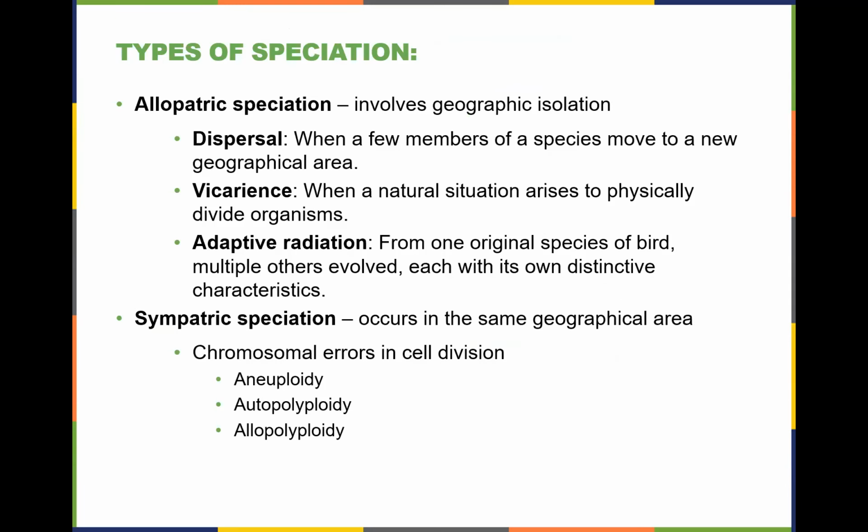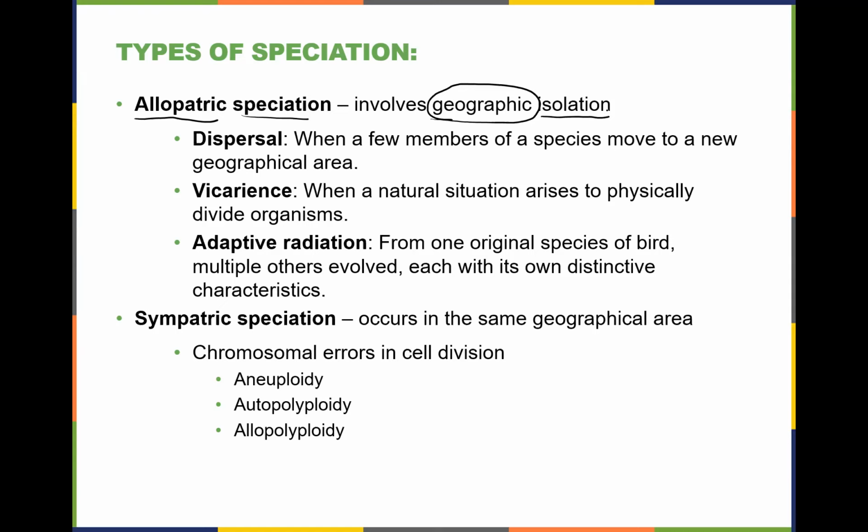There are two types of speciation. The first one is called allopatric speciation. Allopatric speciation means speciation caused by different geographic area, or geographic isolation.